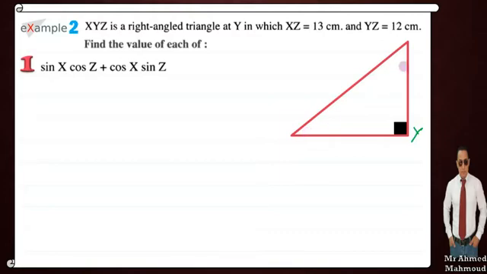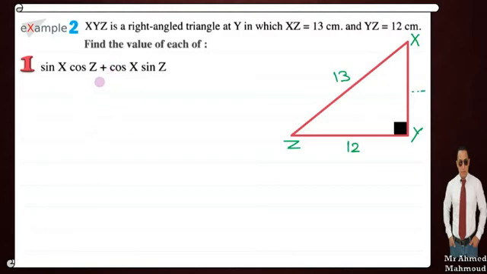Here X and here Z. You can replace the position of X and Z, it's okay, but you can't replace the position of the right angle. XZ equals 13 centimeters, YZ equals 12 centimeters, and XY is not given.